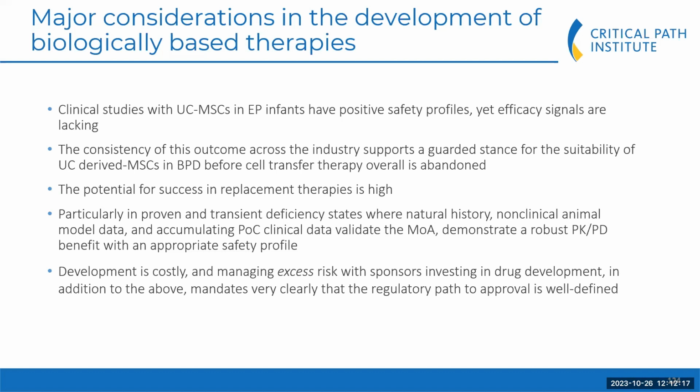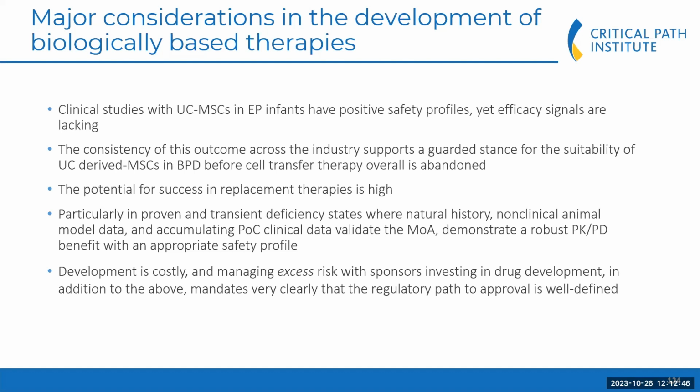They show safety, i.e. the infants don't develop problems, but you don't find any efficacy signals. And some of those studies have up to 60 infants in them. So the question is how long do you continue those types of studies? It's probably the wrong stem cell population if you want to take a regenerative approach, or it's simply not going to work.